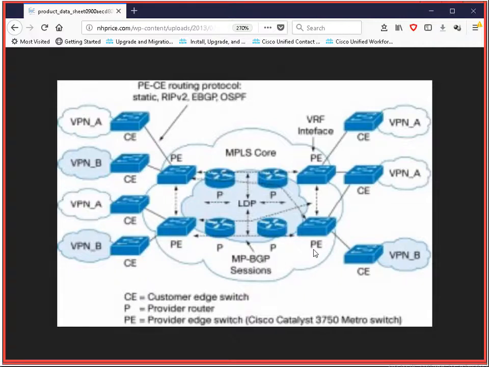They get redistributed over to the PE routers through BGP. BGP peers are virtual, they're not physical, unlike your core IGPs, which require physical relationships for neighborships. And then finally, the routes are extracted from the VRFs and then sent into the CE router using some sort of PE to CE routing protocol on the other side.